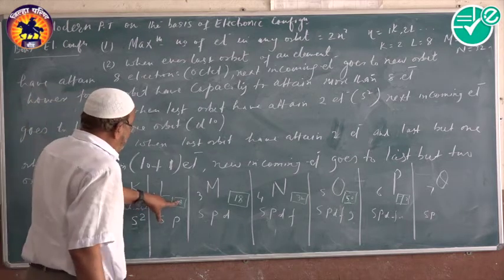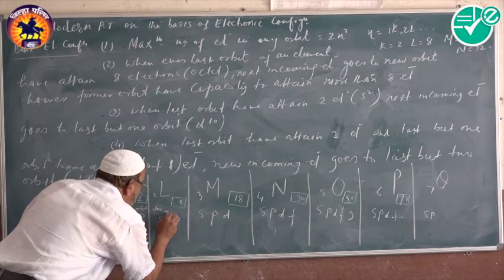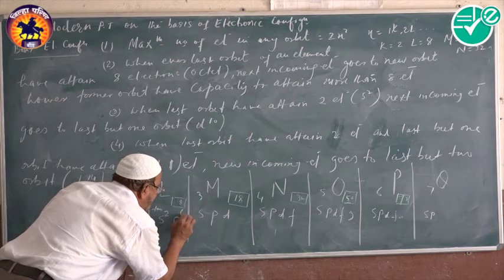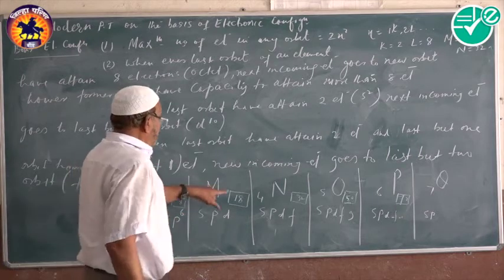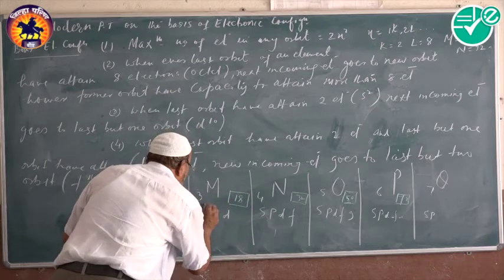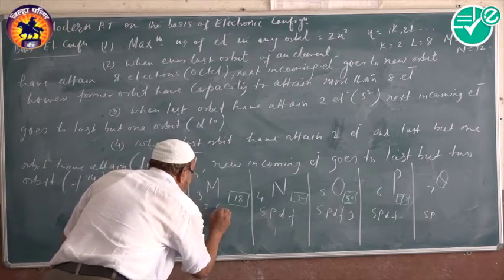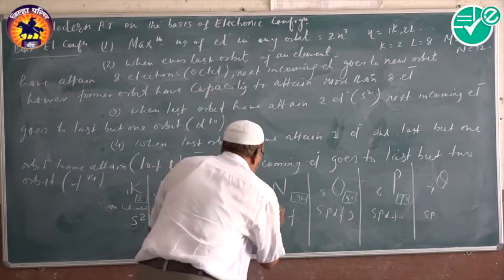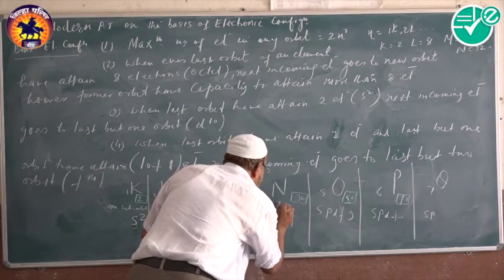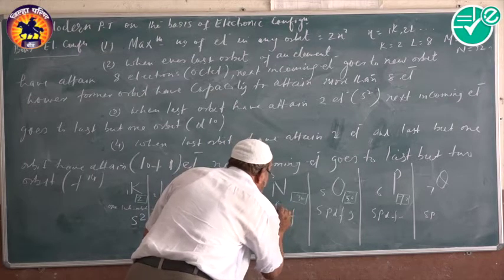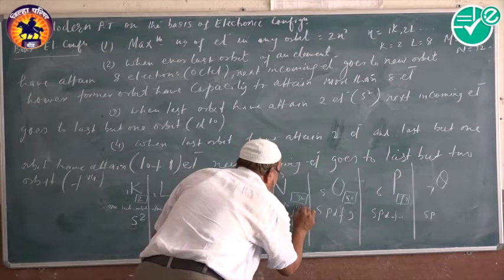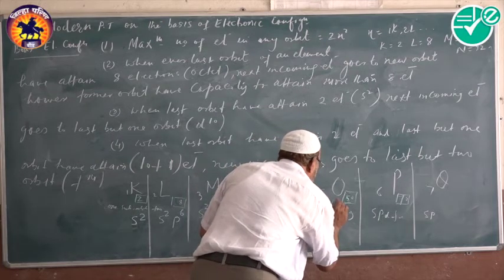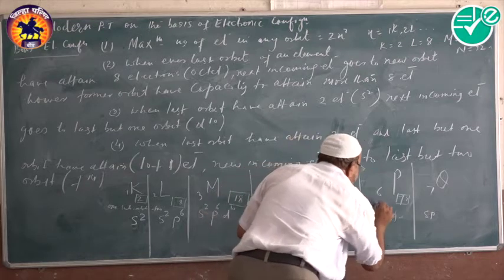Here 8 electrons: S has 2 electrons, and the remaining P suborbit has 6 electrons. Similarly, 18 electrons: 2 plus 6 and 10. Similarly, 32: S2, P6, D10 and F14. Similarly, S2, P6, and so on.